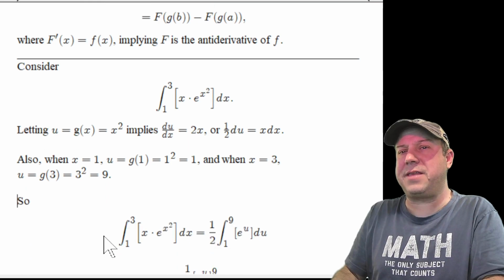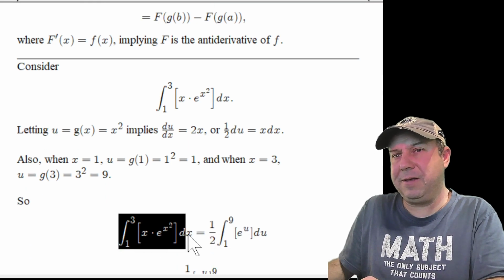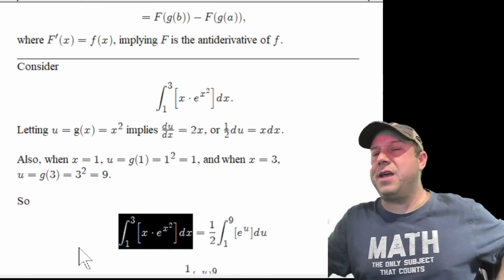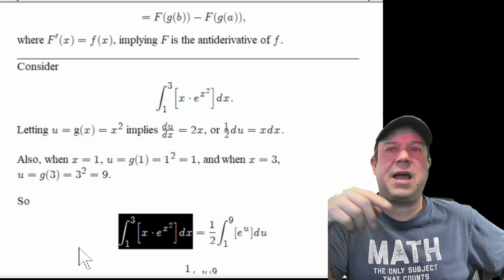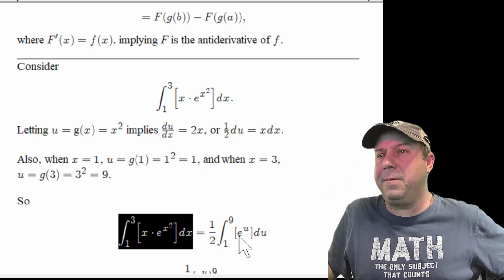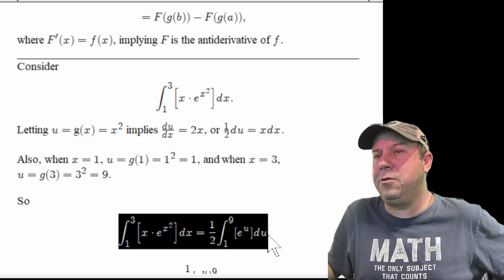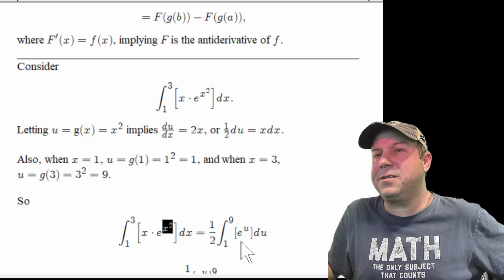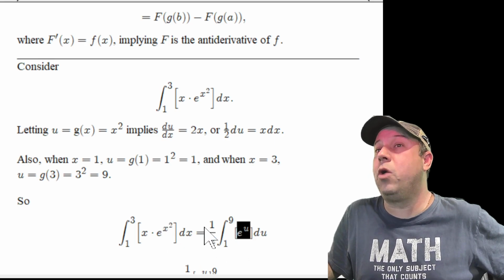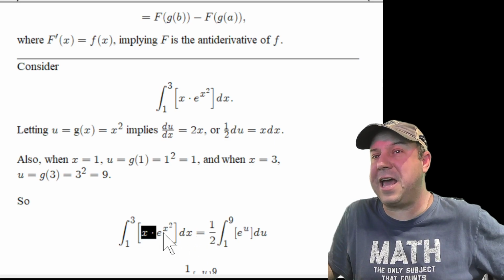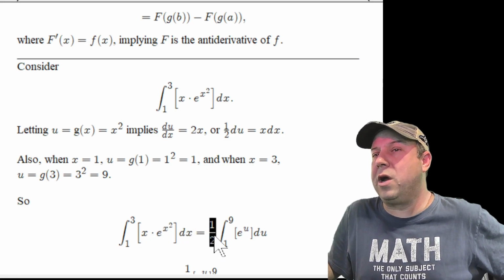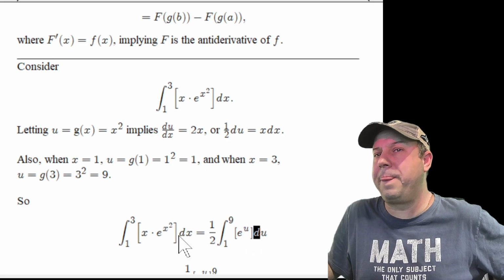So if we set that up, the definite integral from 1 to 3 of x times e to the x squared, well, the x dx will become 1/2 du. That x dx becomes 1/2 du.